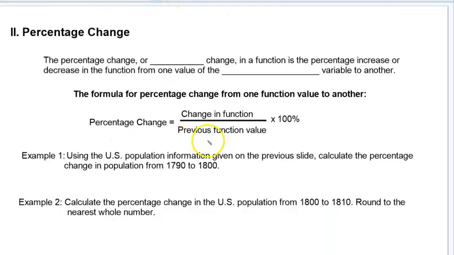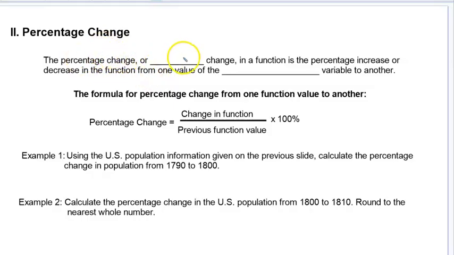Okay, so we've talked about functions. What are they? Some key terms relating to functions. Now we're getting into the math behind analysis of change in data. And one type of analysis would be the percentage change of data that's given to us in a function.